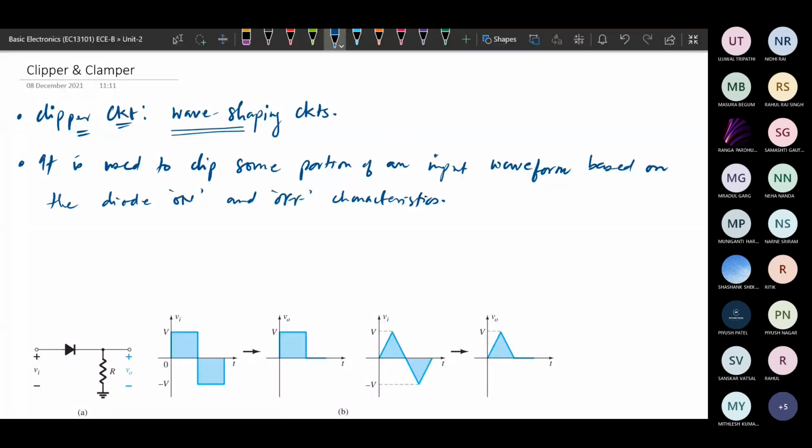So we use a diode circuit to remove some part of the waveform that is given as an input.